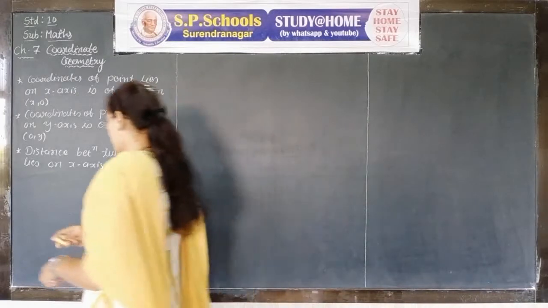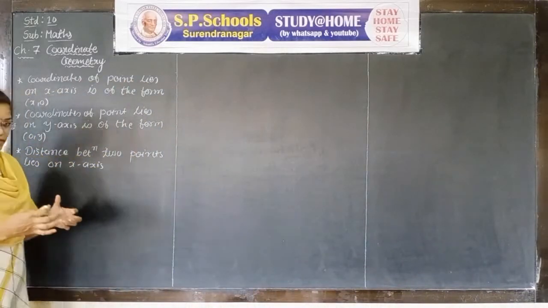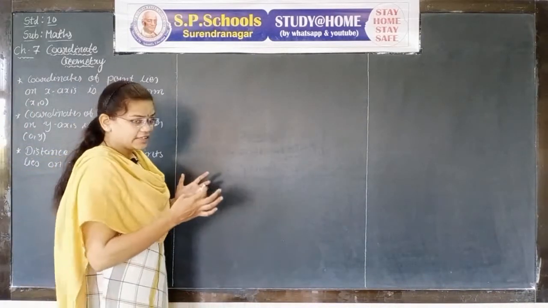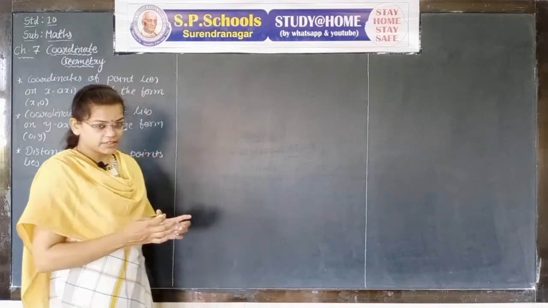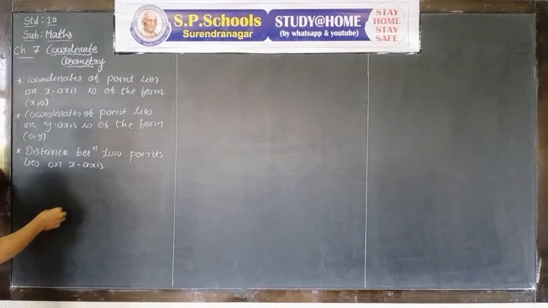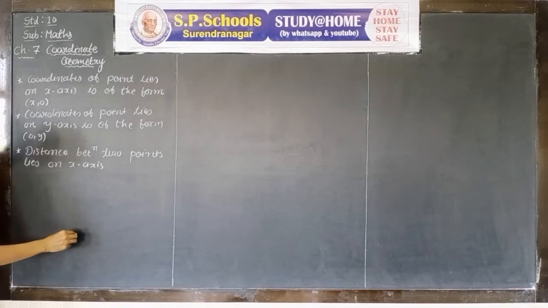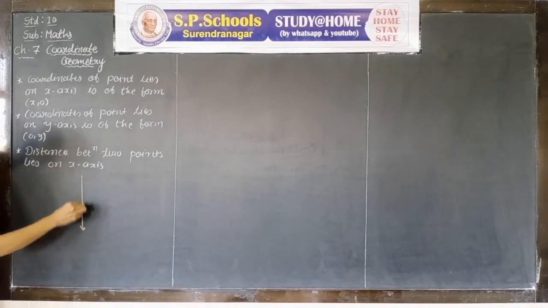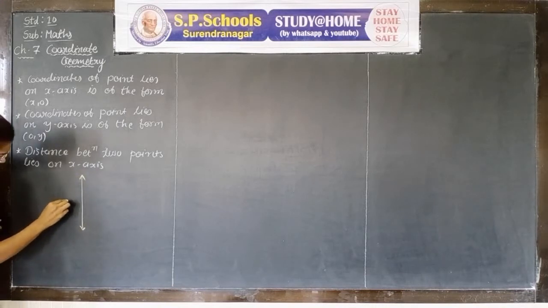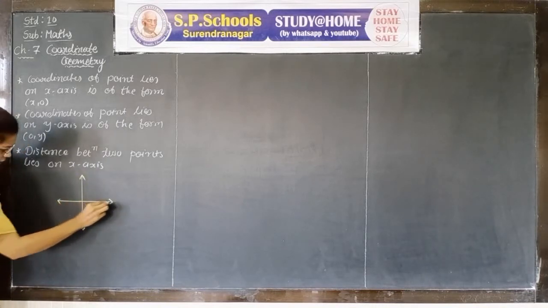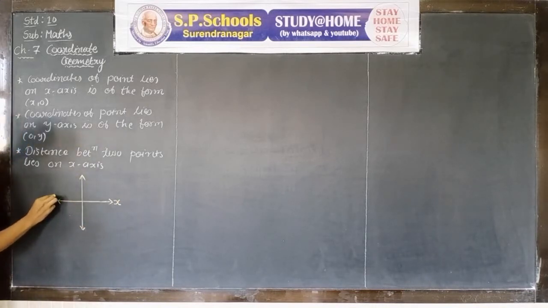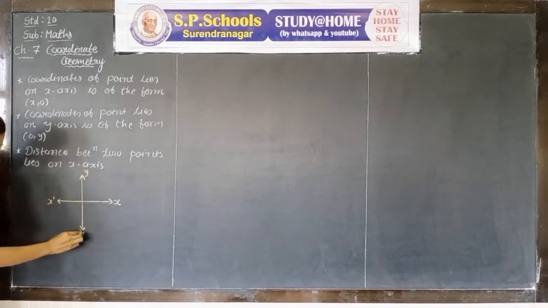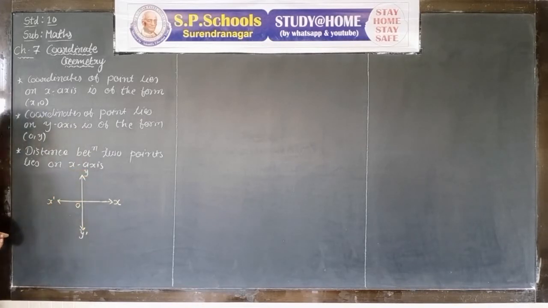As we know, the x-axis and y-axis divide the plane into 4 quadrants: first, second, third and fourth. X dash, y dash, and origin O.